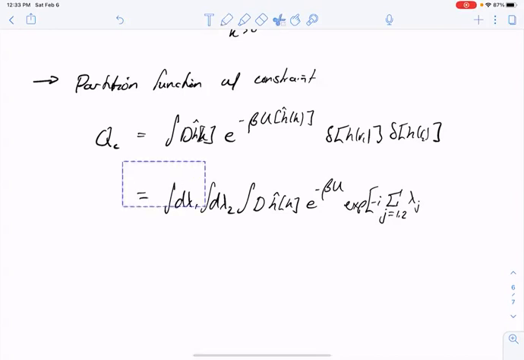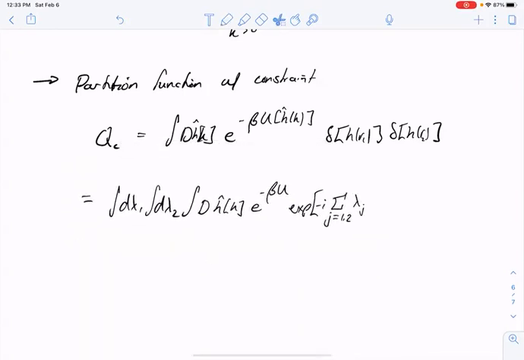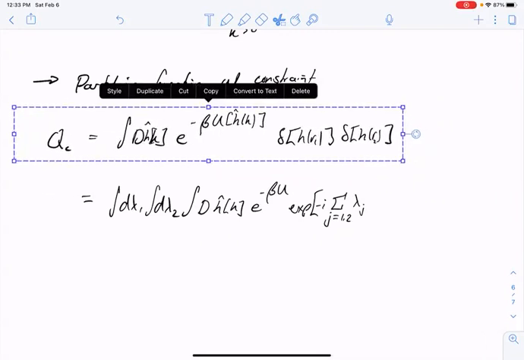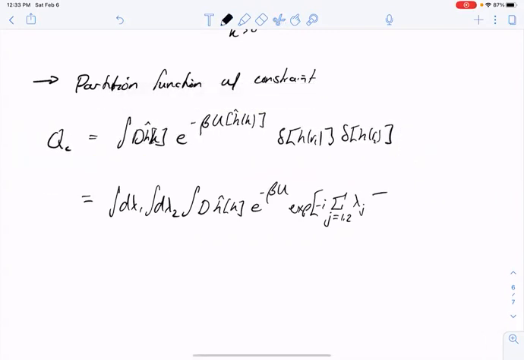And now giving myself a little more space, our Fourier decomposition of the height field into its real and imaginary components.